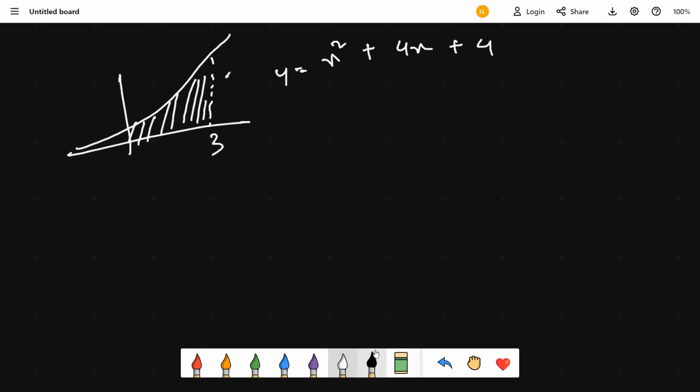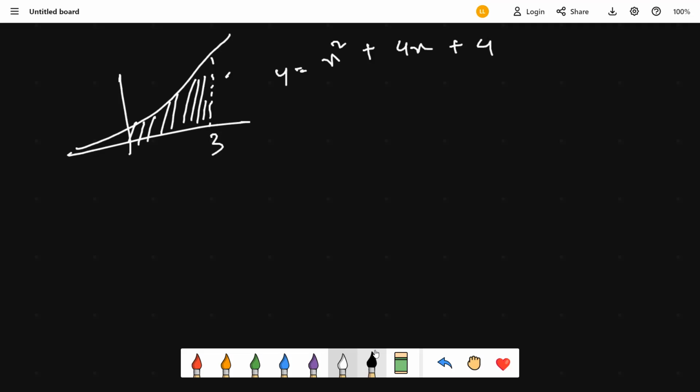This is not a regular shape. This is not a triangle, nor a normal rectangle or square where we know the formula to find the area. So integration is the only option we have to find the area under this curve for the shaded region.